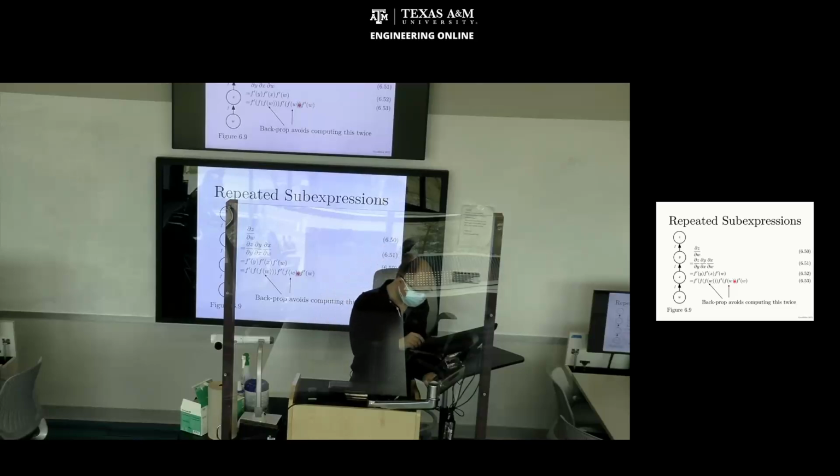For instance, to calculate these partial derivatives with regard to x, I would have to use FW, and for this one I would have to use FW as well. So these can be repeatedly used without recomputing. You can store them in a table and access them.